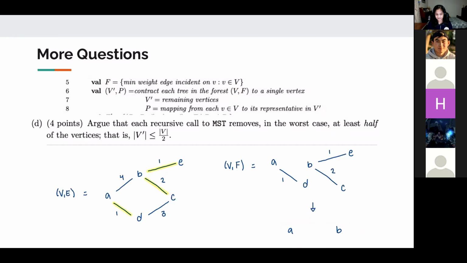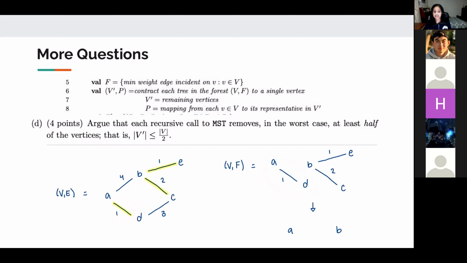It's a bit strange of a question, but you can notice that each tree in F is going to have at least 2 vertices, because the trees are defined by the edges, because we picked edges to put into F based on the minimum weight edge incident on some vertex, and each edge is going to be associated with 2 vertices.